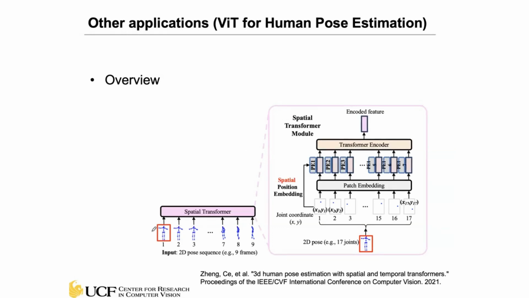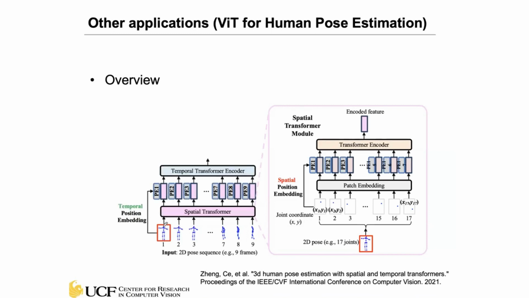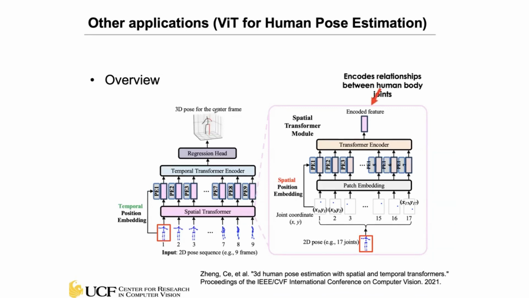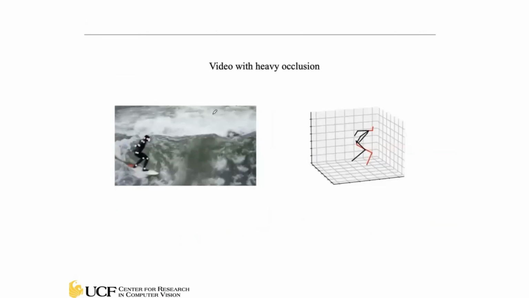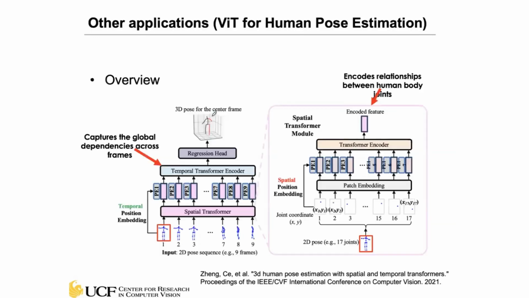Basically, the input is going to be a sequence of 2D poses, just the coordinates of maybe 17 key points, or body joints, and we want to predict the corresponding pose in the 3D space based on the input in the 2D space.